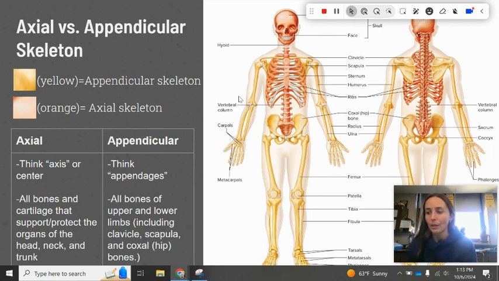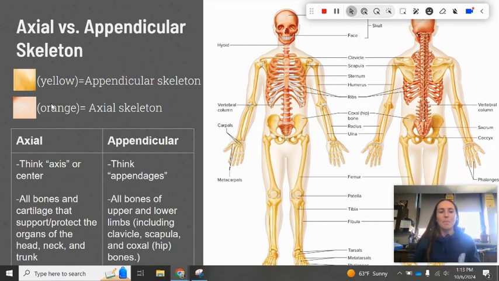I think about the word axis, and like the earth is on an axis that goes through the middle of the earth. So I think about the axis as the middle of our body. In that middle part, we're talking about all bones and cartilage that support and protect the organs of our head, neck, and trunk. So everything in here, all the organs in our torso area, all the way through our hips.